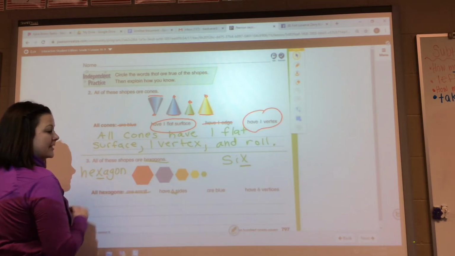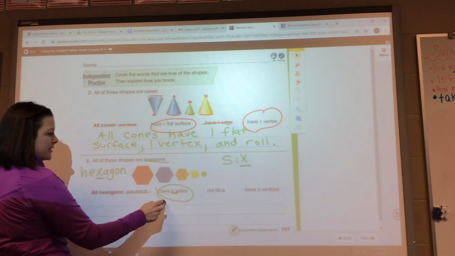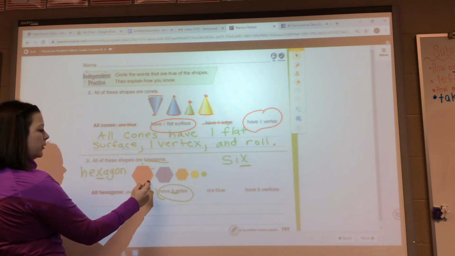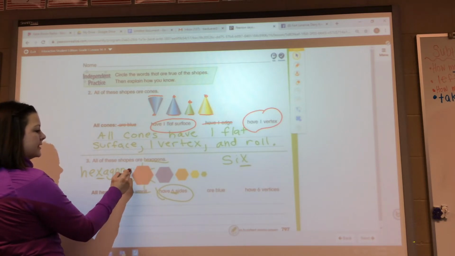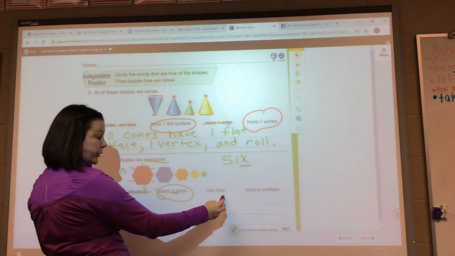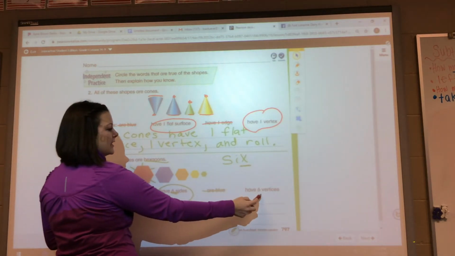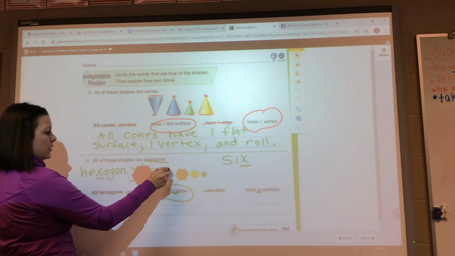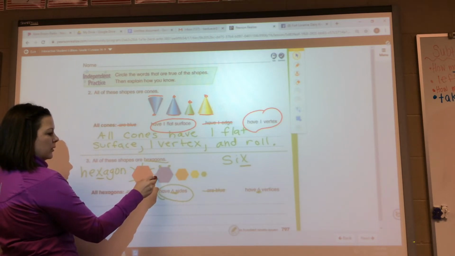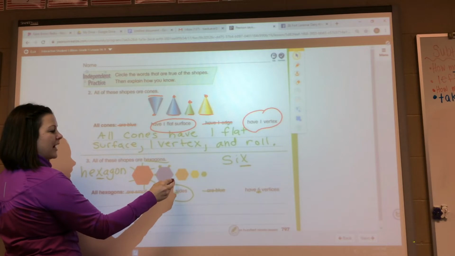Have 6 sides. Yes. 1, 2, 3, 4, 5, 6. Are blue. That does not matter. Have 6 vertices. 1, 2, 3, 4, 5, 6.